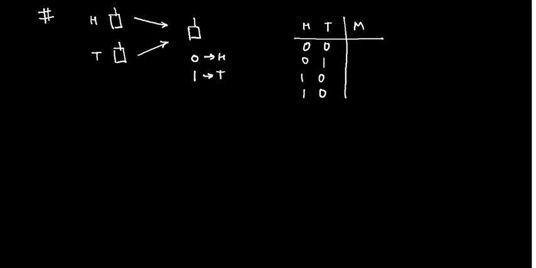Now there is a selection switch there. Let me put a selection switch, let it be S. For selection switch 0, it has this many possibilities. For selection switch 1, again we have these 4 possibilities: 0 0, 0 1, 1 0, 1 1.